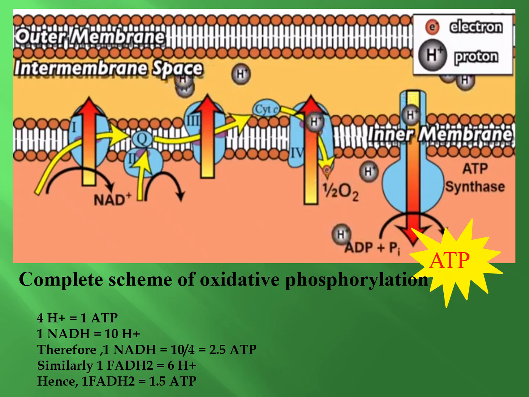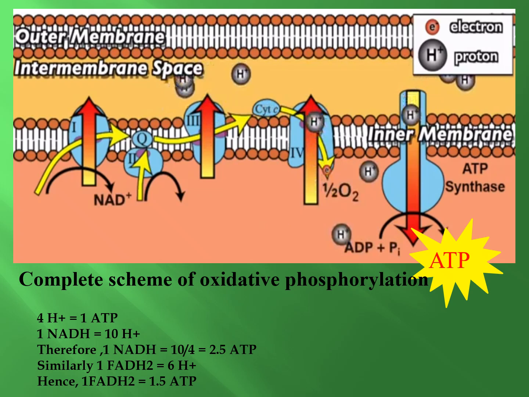This is again a reference for how many H ions are being transported when NADH or FADH is being oxidized. Again I'm repeating that 4 H ions are required to generate 1 ATP.